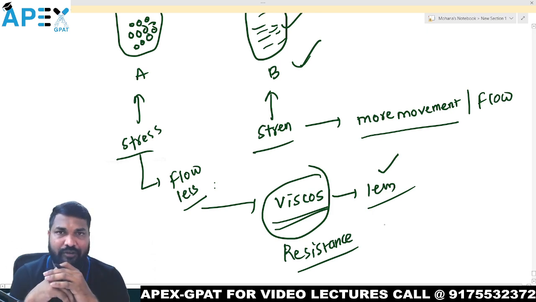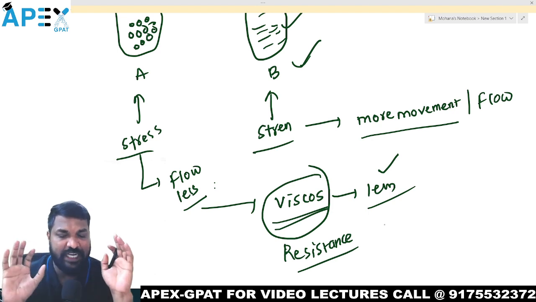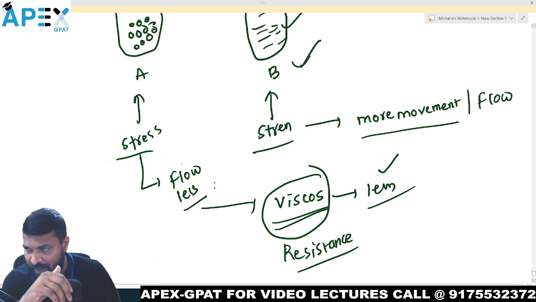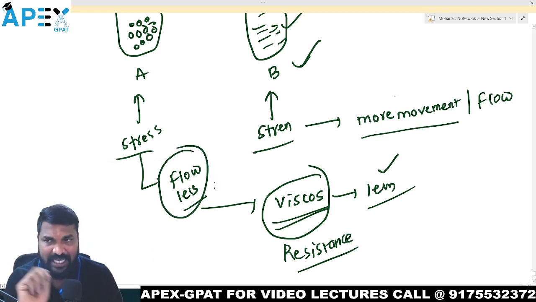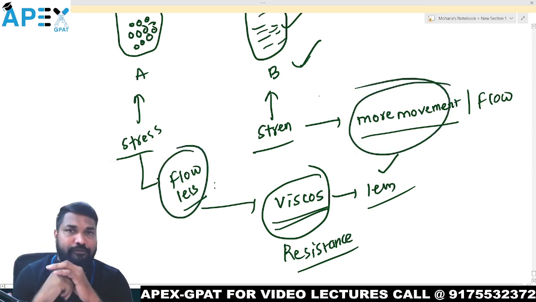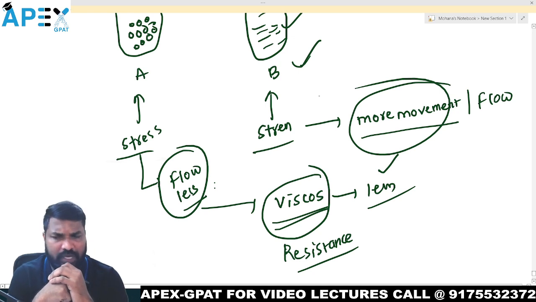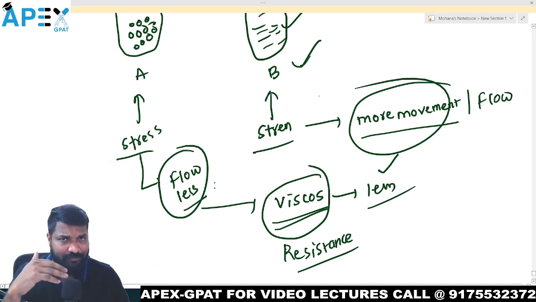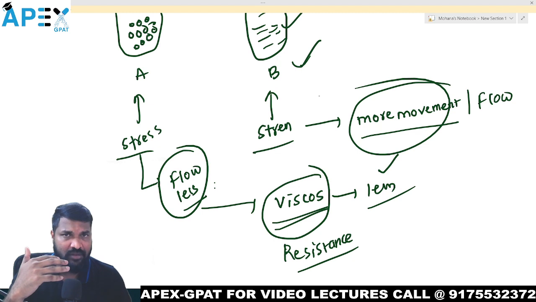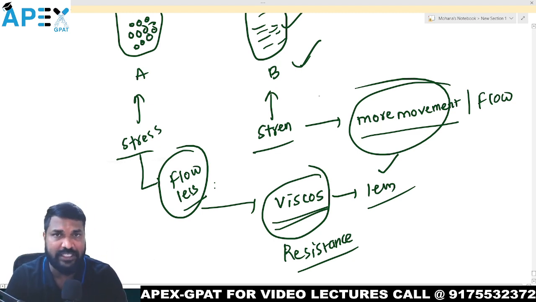Okay, so the two things are very clear. In one beaker I have taken the thick liquid, in the other beaker the thin liquid. In both conditions, I applied the force, the stress. Here the movement is less, the flow is less. Here the movement is more, the flow is more. Whenever the viscosity increases, the obstacle also increases and the movement decreases.